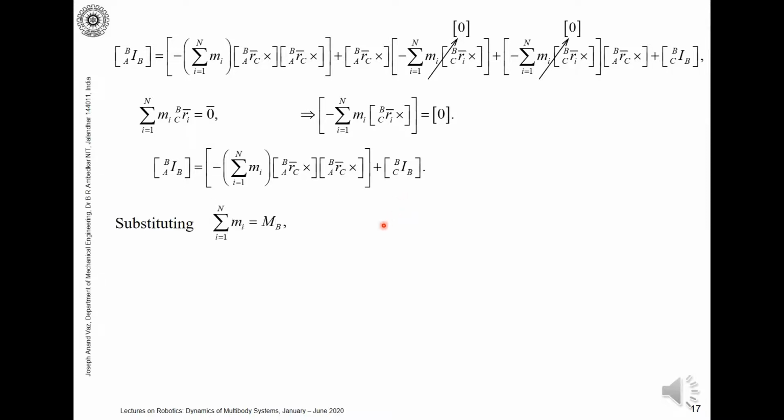Now if we substitute summation m_i for all the particles of the rigid body as equal to the mass of the rigid body given by m_B, and the position vector of C with respect to A expressed in the frame B in terms of its x, y and z components, then we can construct the cross matrix from this vector, and that cross matrix is used here.